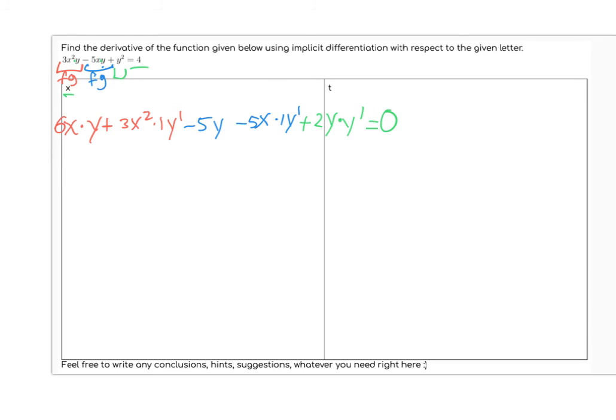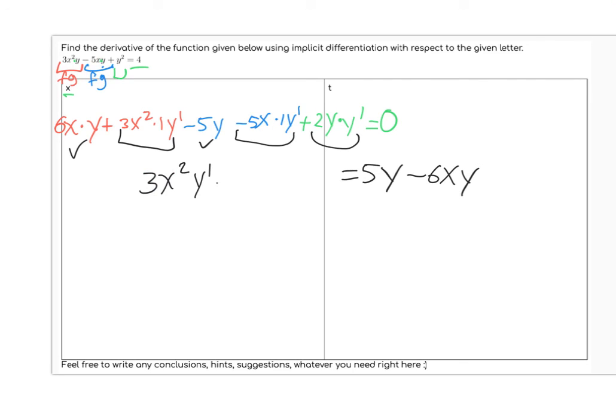All right. This ends up being kind of like a weird combine-like-terms problem. I've got to get my stuff with y prime on one side and my stuff without y prime on the other side. So I've underlined my three things with y prime. I'm going to let those stay where they are and move the other pieces to the other side. So I've got 5y, cool, and then I've got 6xy that I need to move, so minus 6xy. That leaves me with 3x squared y prime minus 5x y prime plus 2y y prime.